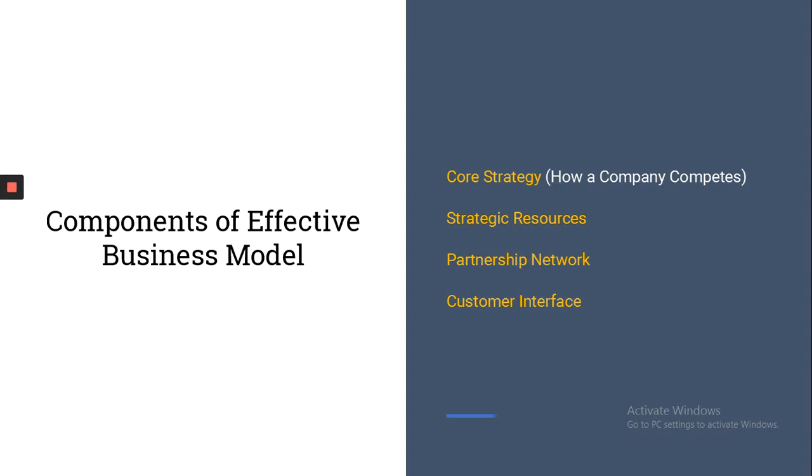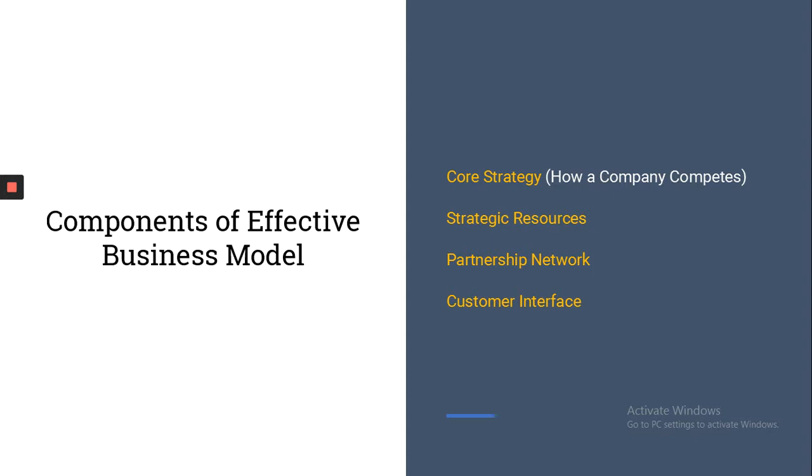Now in this business model canvas, how the company competes must be laid down in the business model. So that is one important element, one effective component of the business model, right? The second component that makes an effective business model is the strategic resources, the resources that are essential to produce a certain product or service, right?